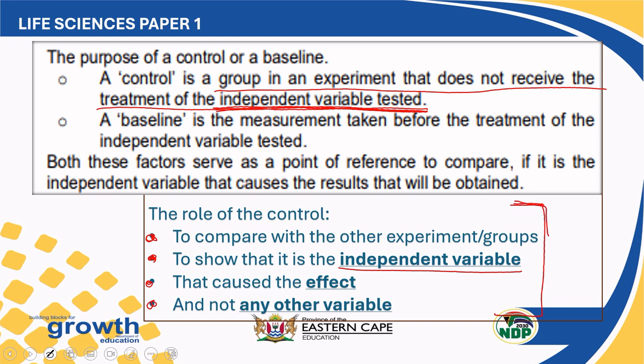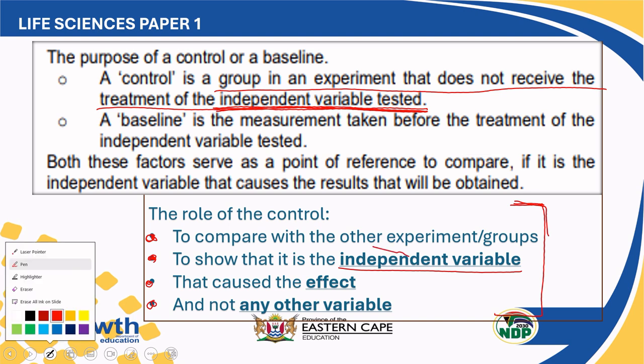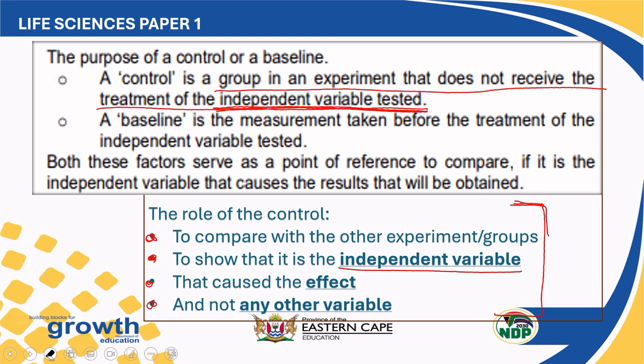So, in the case of the rats in your trial paper, the reason we had a control group was to show that it is the microplastic bioaccumulation that caused the effect.